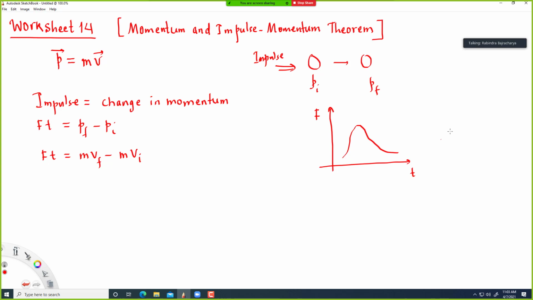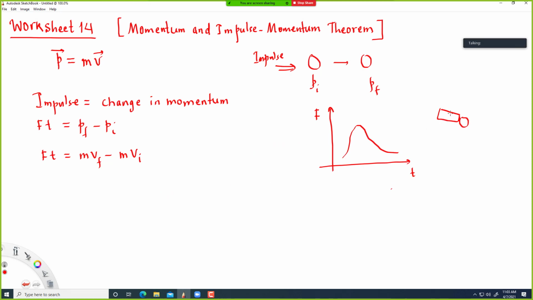Just like when you hit a ball with a bat: when the bat touches the ball, you start applying more and more force, you apply maximum force at some point, and then when you retract the bat, the force decreases.